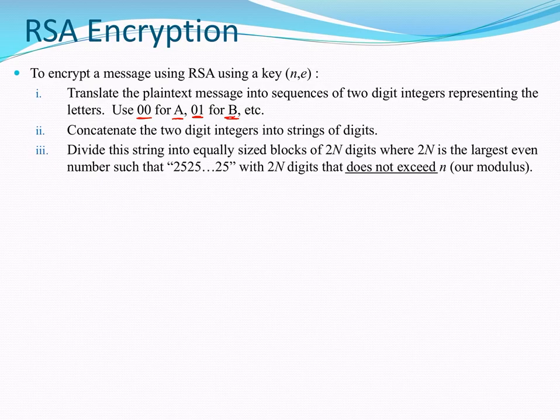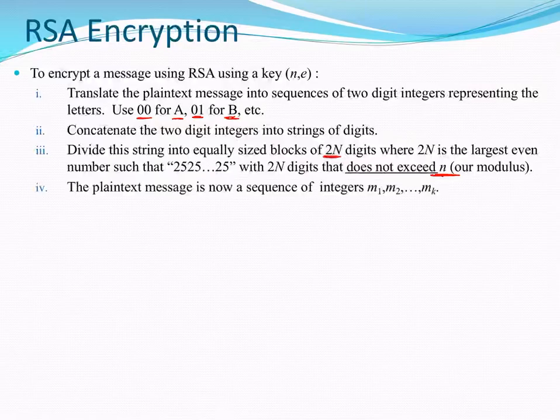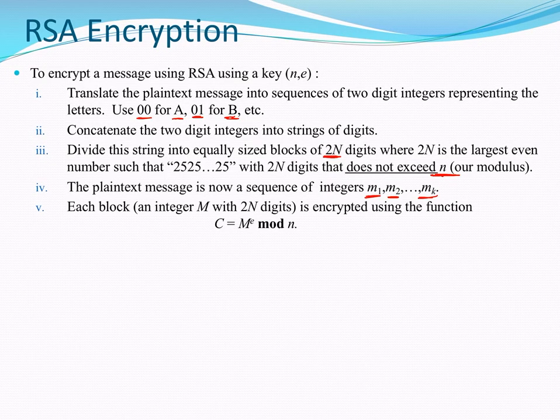And the length of the block is 2n, where n is the number of letters in the block, and it cannot exceed our modulus, because when we take the modulus, we always get a number less than that. So now we have a message that is encoded with numbers, a sequence of integers, 2n in length.